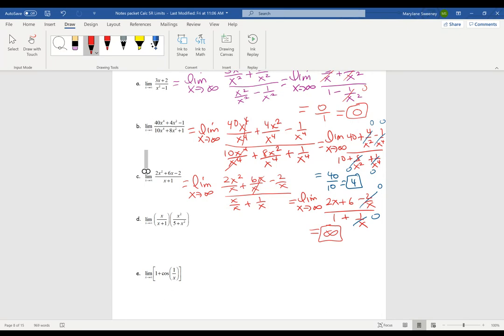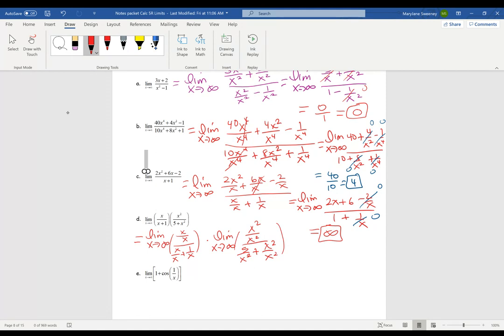Next one, you have your choice as to whether you want to multiply those. Keep in mind, then you would have to FOIL on the bottom, and then you could go from there, or you could keep them separate. You could do limit as x approaches infinity of x over x over x plus 1 over x, times the limit as x approaches infinity of x squared over 5 over x squared plus x squared over x squared.